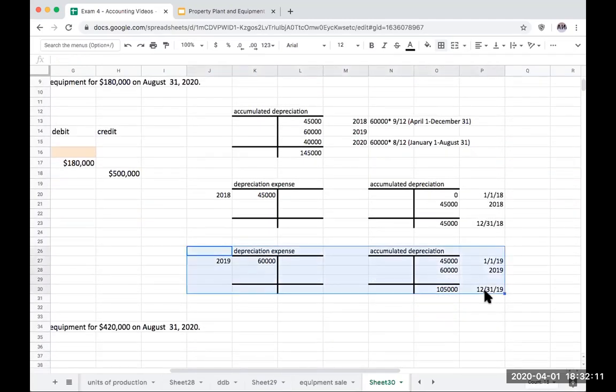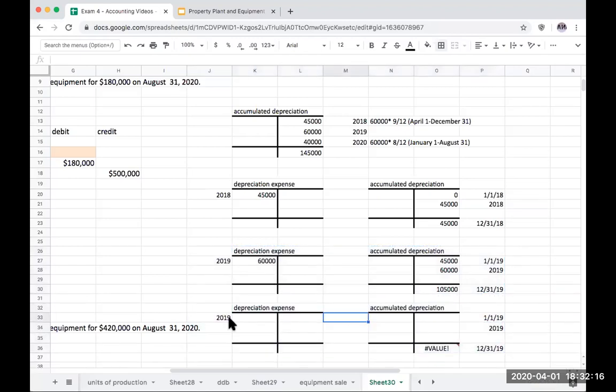Taking this one more year to 2020, the amount I recorded this year was 40,000. And so over here, my ending balance for December 31st, 2019 becomes my beginning for the following year. So my ending balance here is 145,000.